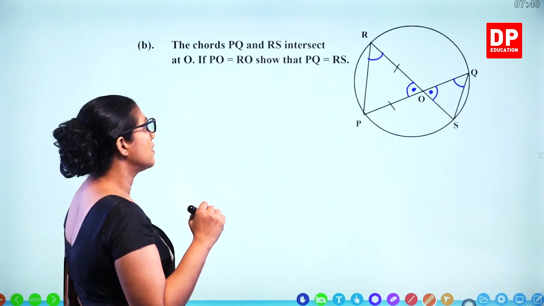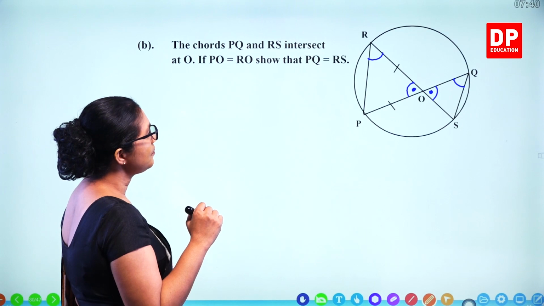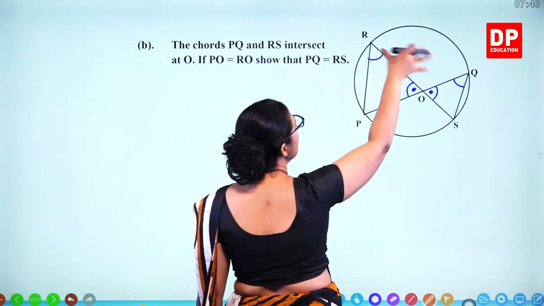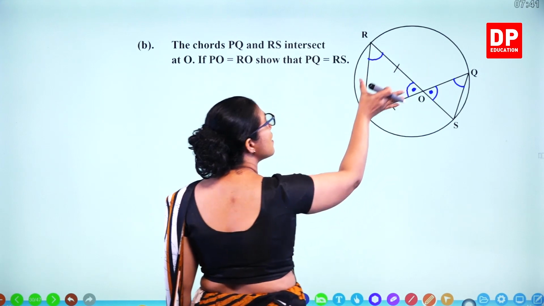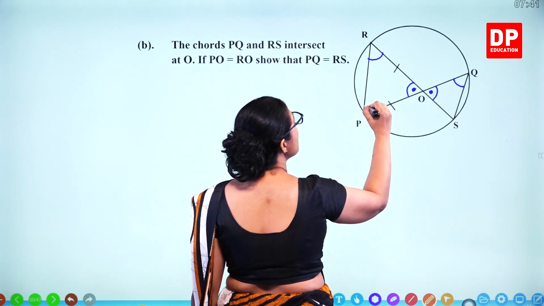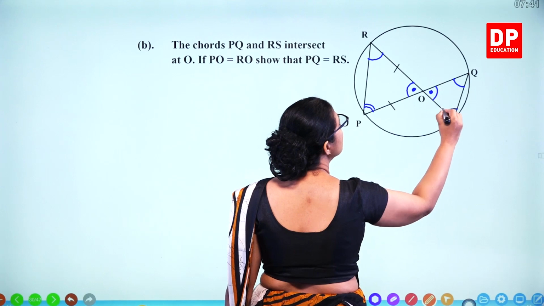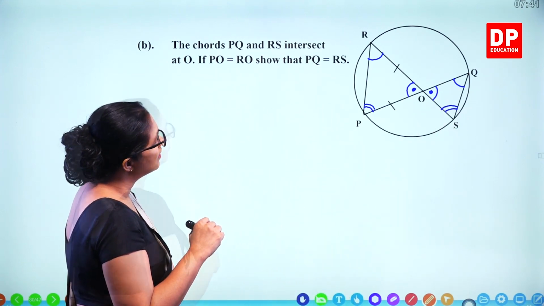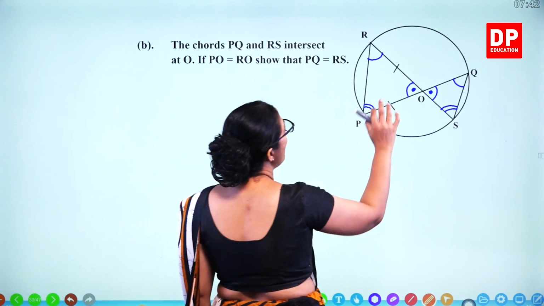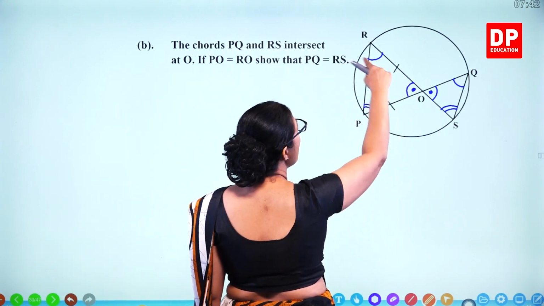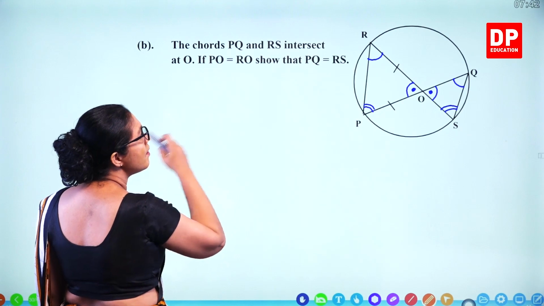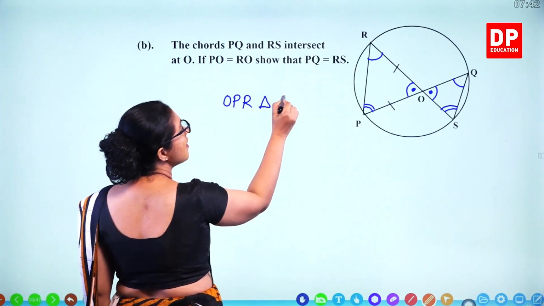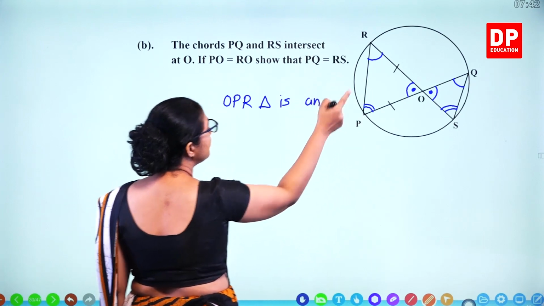And what else? This way, if you take QR as the arc, same segment angles are equal. So that's also equal. And what do you know about this triangle? OPR triangle is an isosceles triangle.